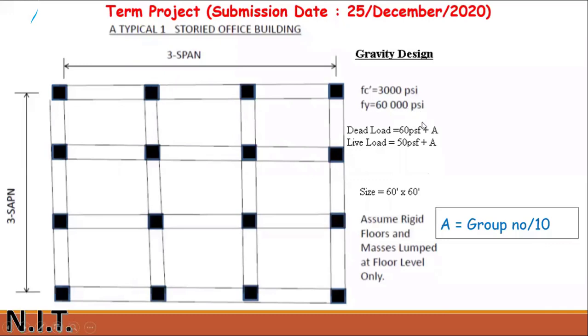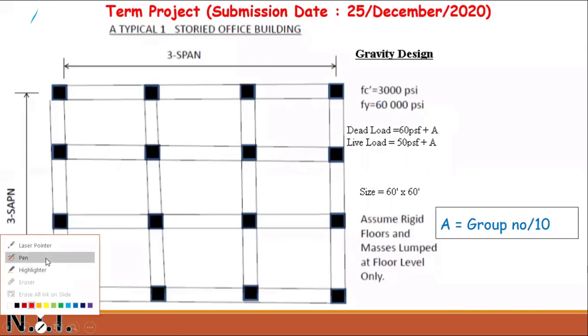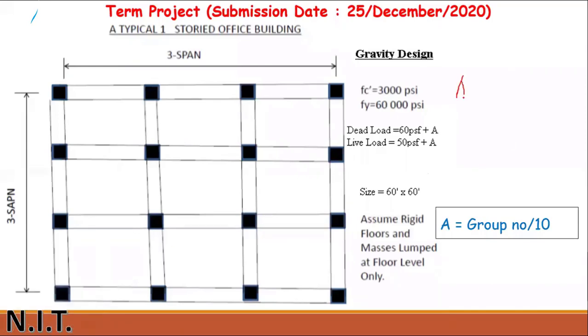So it means you can assume any value. If you want to use the formula AS minimum 0.0018 BH, or AS minimum can be calculated as 0.002 BH, you can use any formula, it depends on your choice.